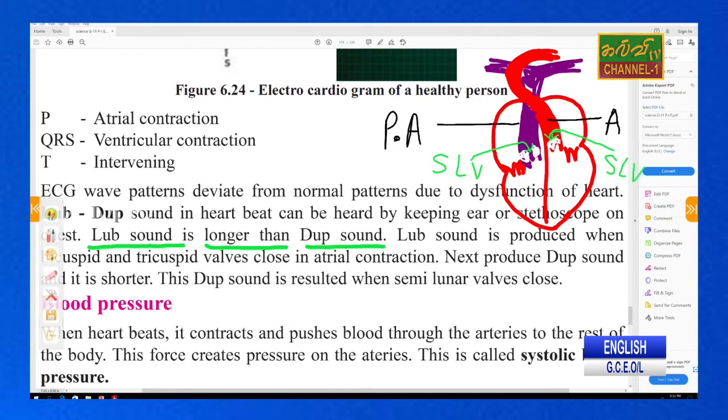So what happens when the bicuspid and tricuspid valves close? This is tricuspid, this is bicuspid, the mitral valve.